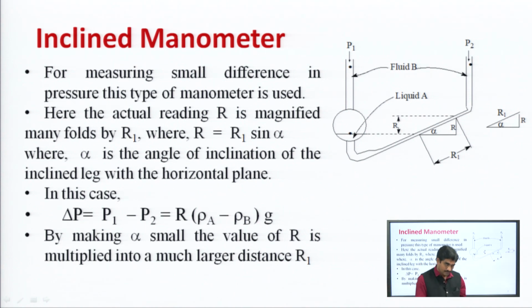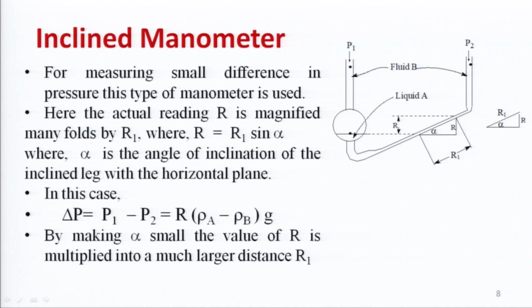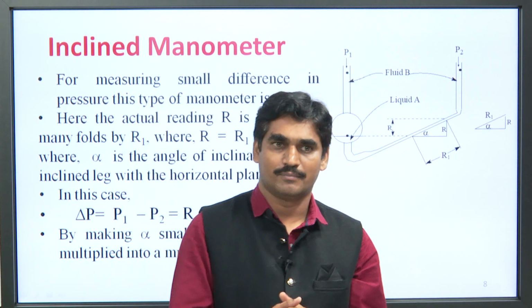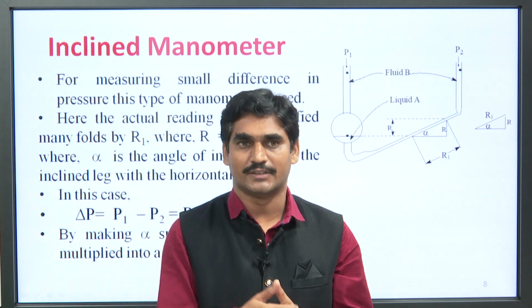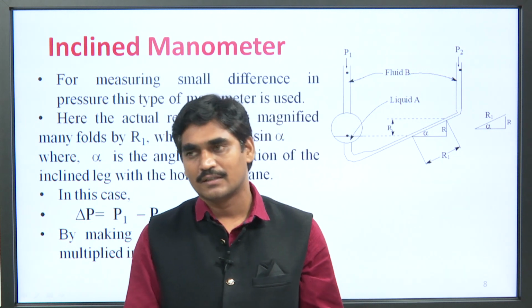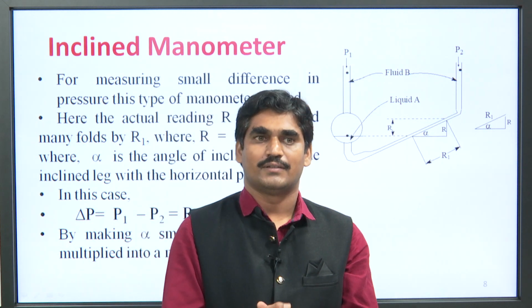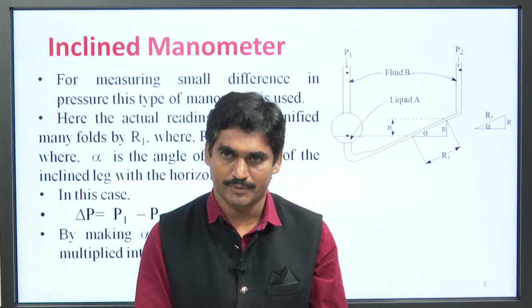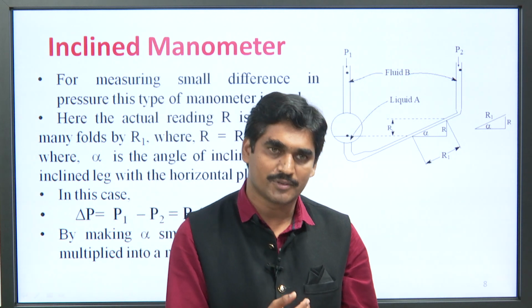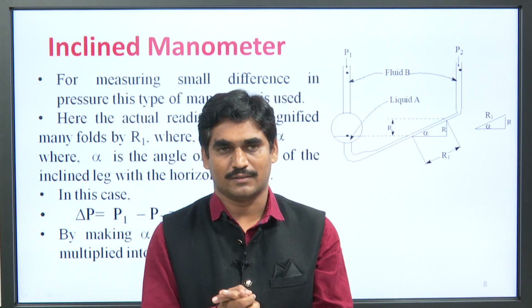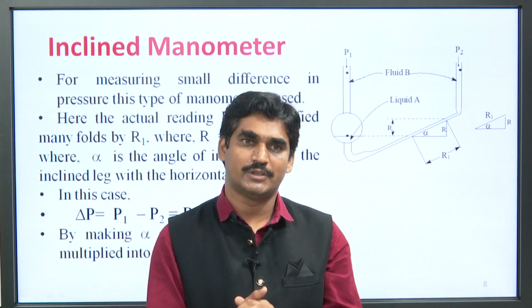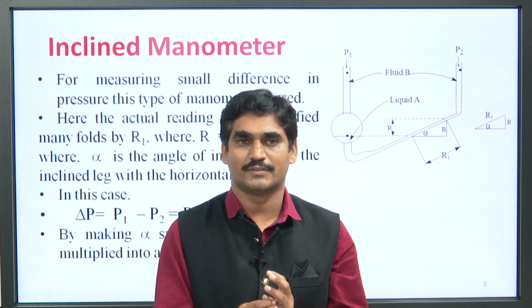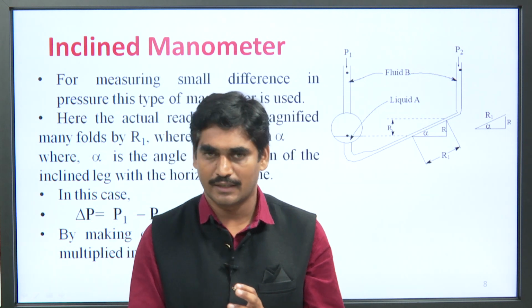So, in this lecture we have studied the basics of fluid flow, what fluid flow is, and the different mechanisms of fluid flow, that is fluid statics and fluid dynamics. After that we studied the manometer, used for the measurement of pressure difference, and its different types. There are 3 types of manometer: simple, differential and inclined.